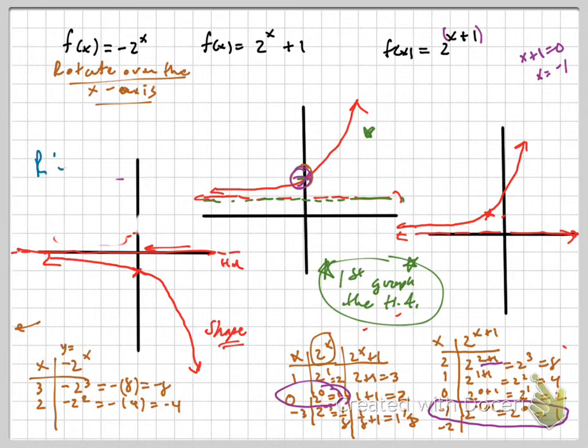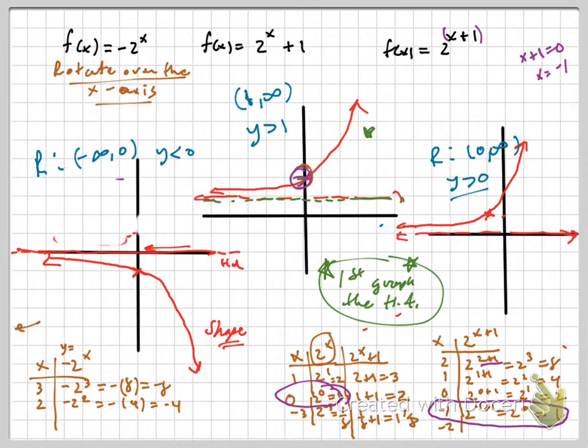The range for this is going to go from negative infinity to 0, or if you prefer, y is less than 0. For this one, the range is going to be y greater than 1, or 1 to infinity. And as far as this one's concerned, nothing has changed. The range is the same thing as your basic shape from before.